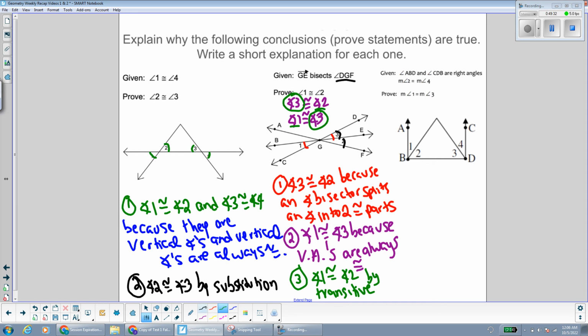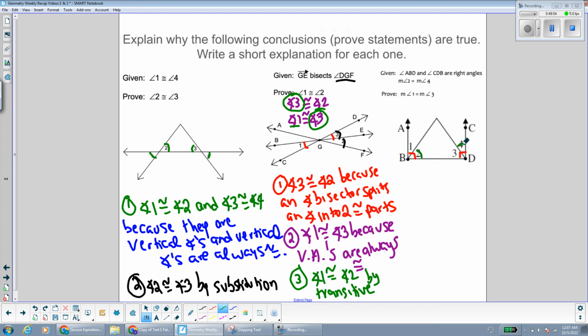Last one. Angle ABD and angle CDB are right angles. Measure of angle 2 is equal to the measure of angle 4.